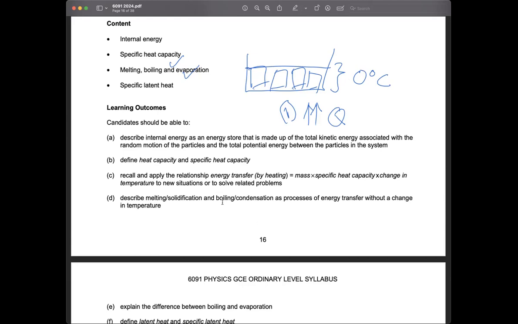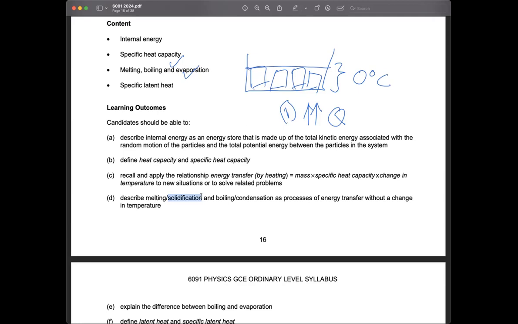Likewise, when you boil something, the kinetic energy remains the same, whereas the potential energy increases. Now, when we talk about the reverse, condensation, the kinetic energy also remains the same, but the potential energy decreases. Likewise, when you talk about freezing or solidification, the kinetic energy remains the same, but the potential energy decreases.